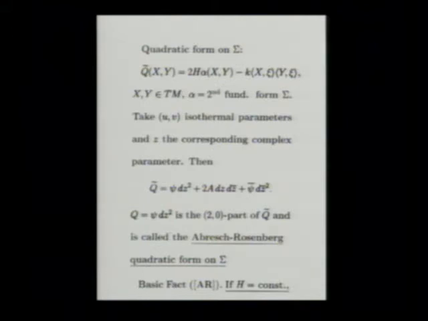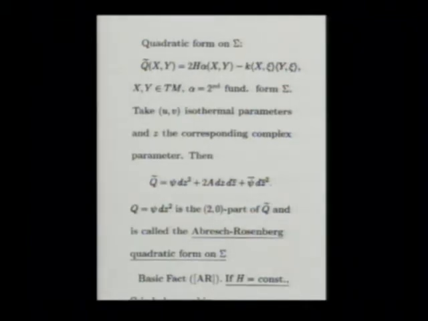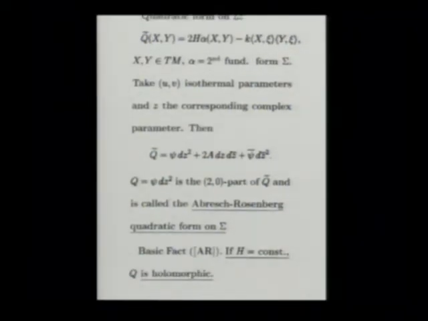And the part in dz squared is globally defined. I mean, if we change the complex parameter, it will change like a quadratic form. This is called the Abresch-Rosenberg quadratic form, and it generalizes the Hopf form for constant mean curvature in the following sense. That's the basic fact: if H is constant, then that quadratic form is holomorphic.